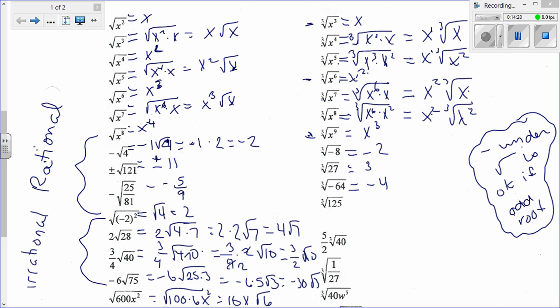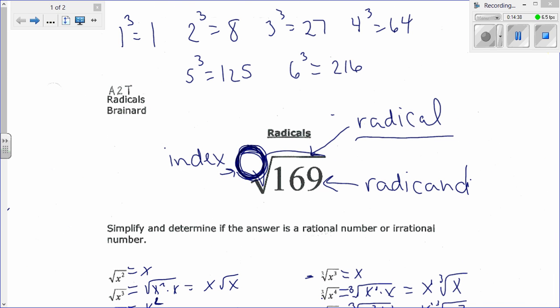And the cube root of 125 is 5. All those values came from what I had written down up on the top of the paper. 2 to the third power is 8, 3 to the third power is 27, 4 to the third power is 64, 5 to the third power is 125. All I've done is just gone backwards.